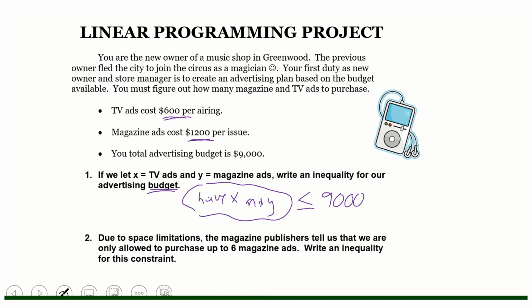What you're looking for there is something with a 6, and since we're talking about magazine ads, this will only have a Y. The only inequality that has both the X and the Y in it, because you're dealing with both kinds of ads, is going to be the very first one.